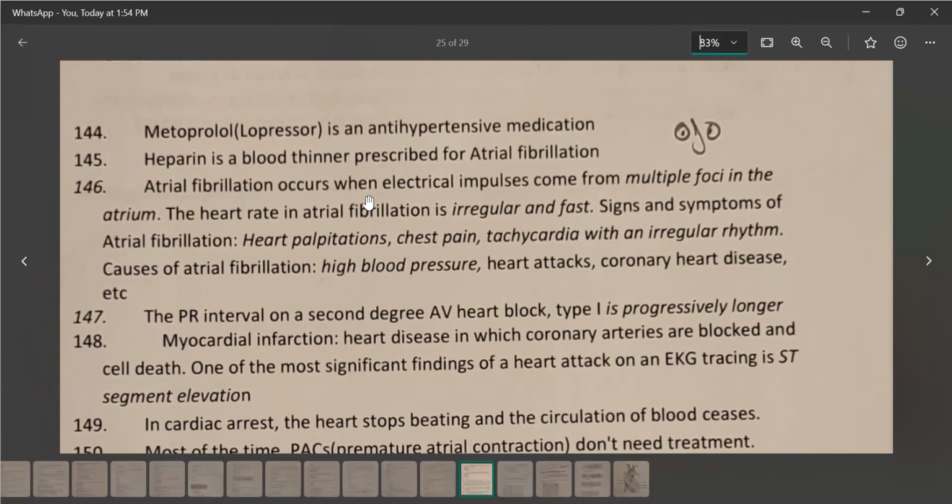The heart rate in atrial fibrillation is irregular and fast. Signs and symptoms of atrial fibrillation: heart palpitations, chest pain, tachycardia with an irregular rhythm. Causes of atrial fibrillation: high blood pressure, heart attacks, coronary heart disease, etc.